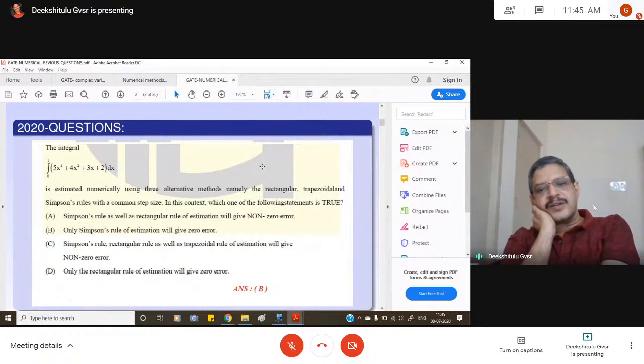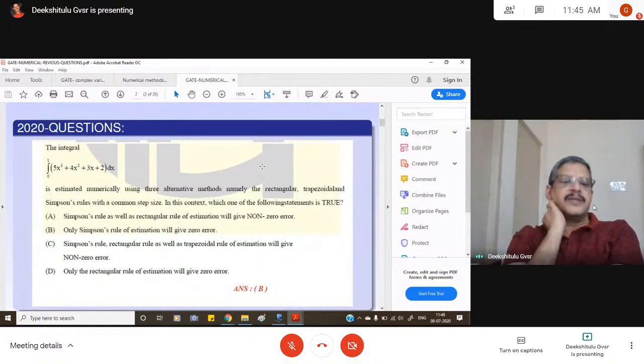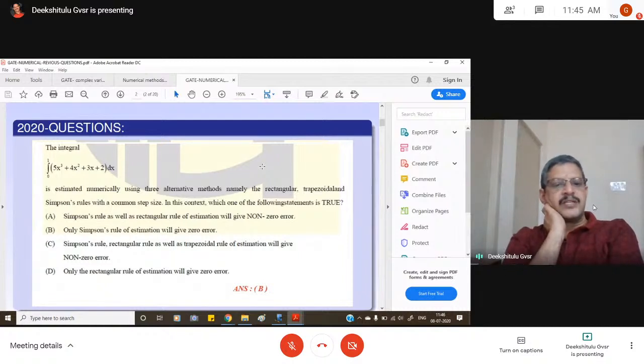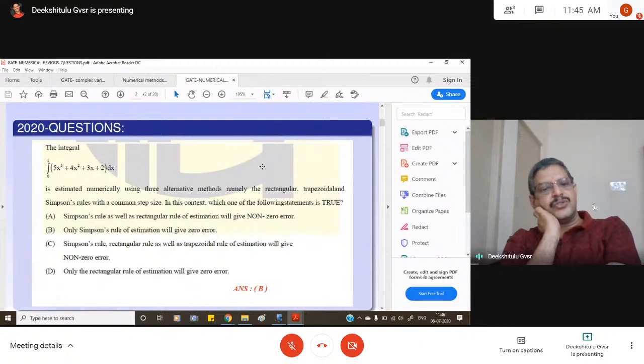In this context, which one of the following statements is true? Option A: Simpson's rule as well as rectangular rule of estimation will give a non-zero error.